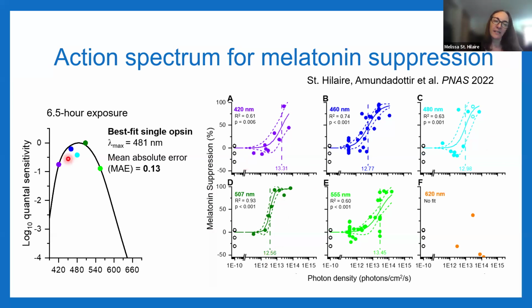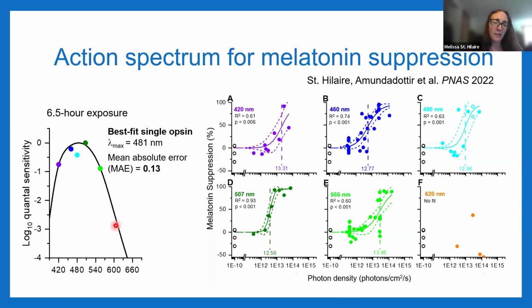You'll see that 480 in a lot of these plots is actually kind of suboptimal. But when we fit a single opsin to this action spectrum, we do get a lambda max or peak at 481, so right around that melanopsin peak.